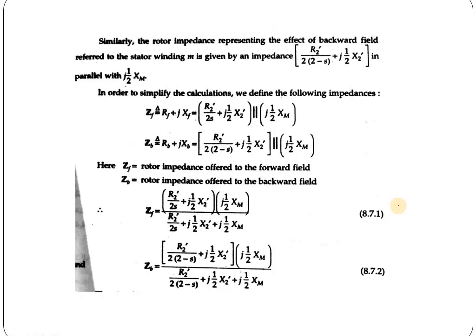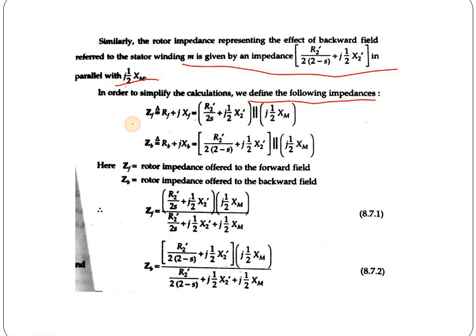Similarly, the rotor impedance representing the effect of backward field referred to the stator winding M is given by R2 dash by 2 into 2 minus S plus jX2 dash by 2, in parallel with jXm by 2. So this is for the backward field. Now, in order to simplify the total calculation, we will define the following impedances.